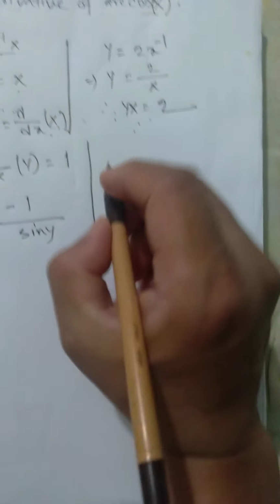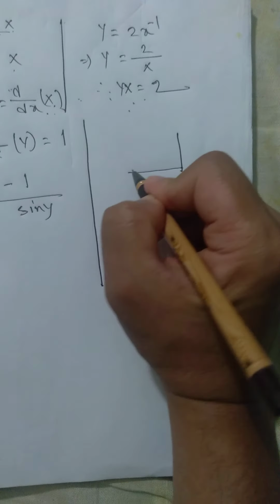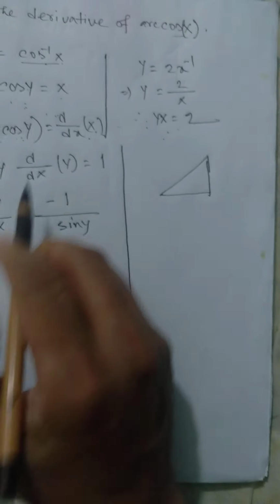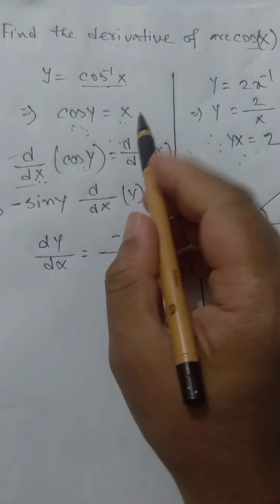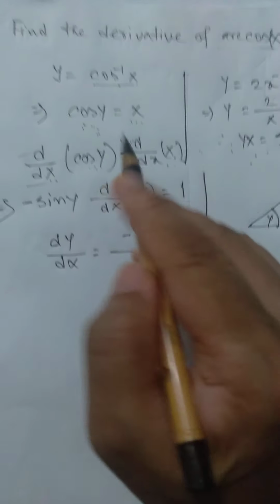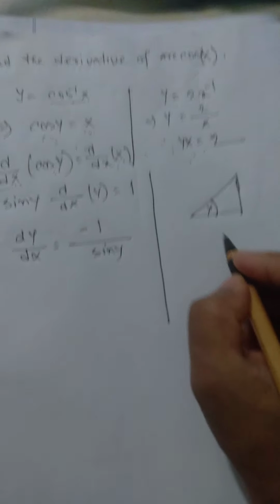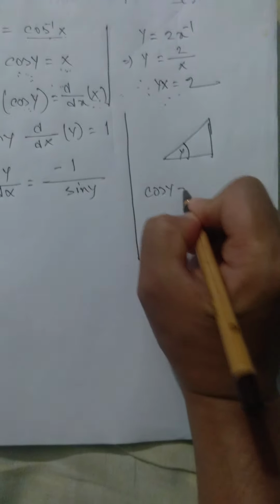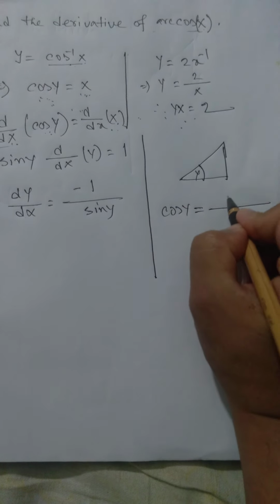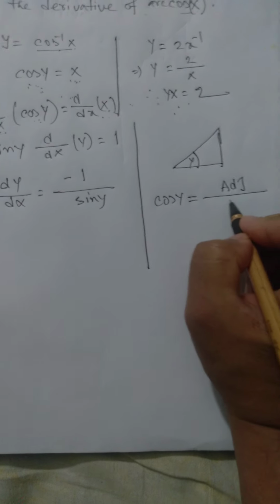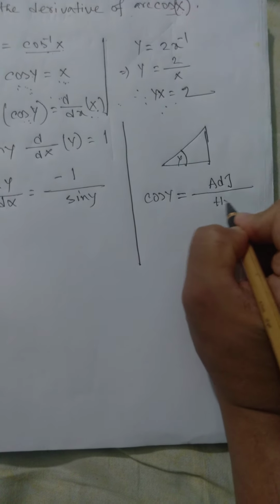Now I'll draw a right angle triangle. I have cos y equal to x. So the angle is y, and the value of cos y equals x. What do we know from cos? Cos y equals adjacent by hypotenuse.